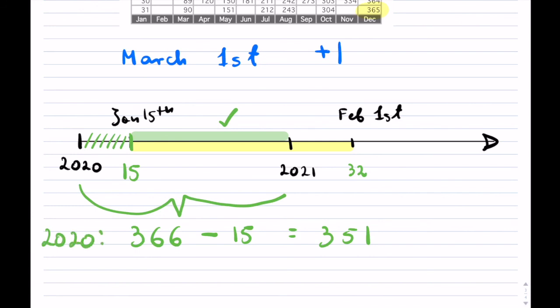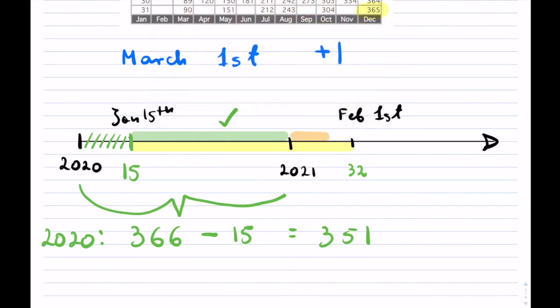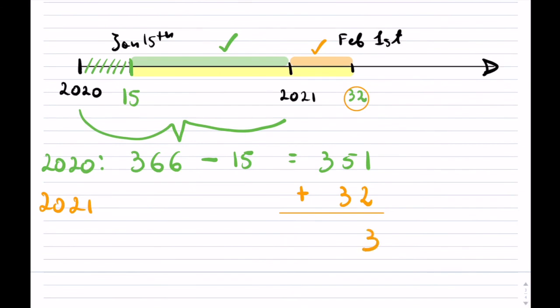And now in 2021, we want to add the 32 days that should count. As we add them up, you have 383, and that tells you how many days there were in between those two dates.